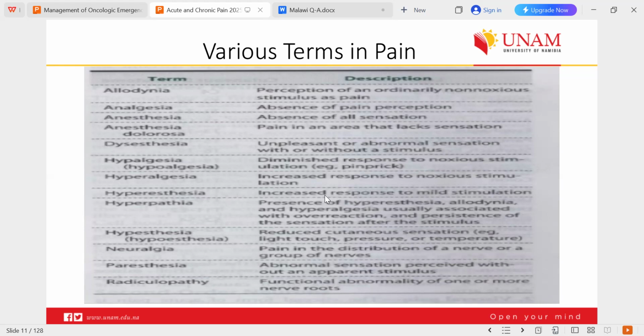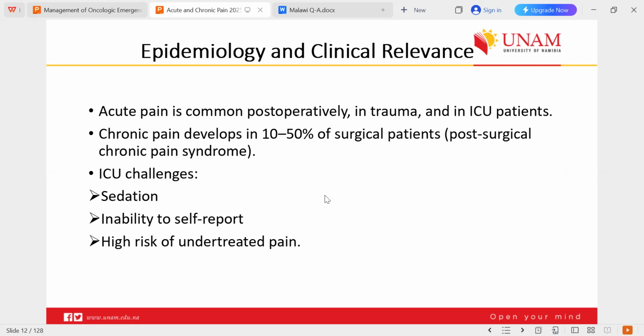And anesthesia dolorosa is when a patient feels pain in an area that lacks sensation, an anesthetized area, and the patient still feels pain. Dysesthesia, hyperalgesia, and all of that. So there are different terms that are used to describe pain.